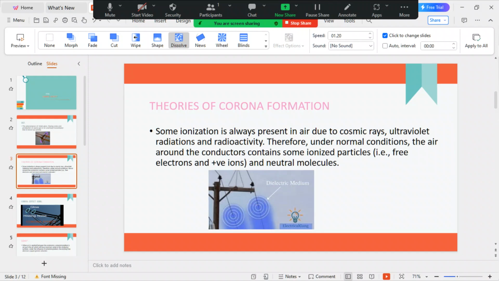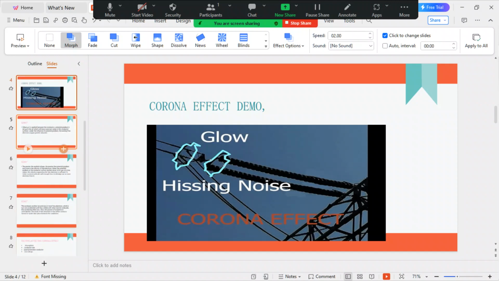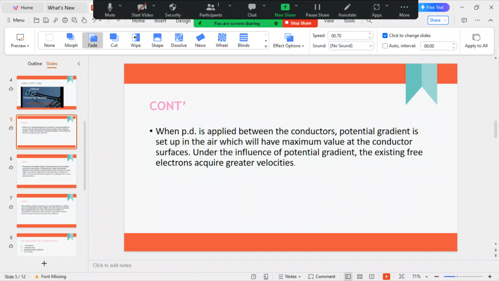This is an infographic just to show us. A continuation of the brief description is that when PD is applied between the conductors, a potential gradient is set up in the air, which will have a maximum value at the conductor surfaces.